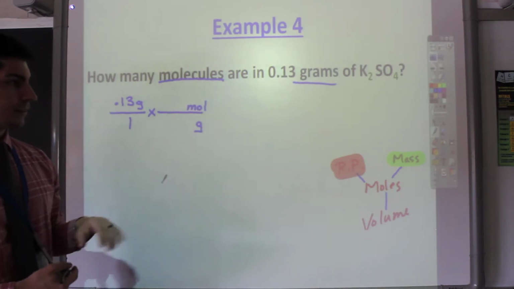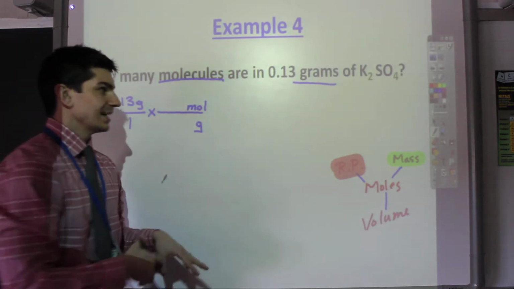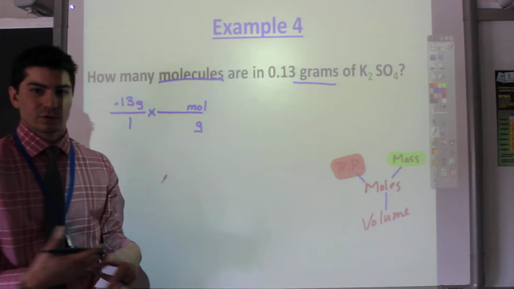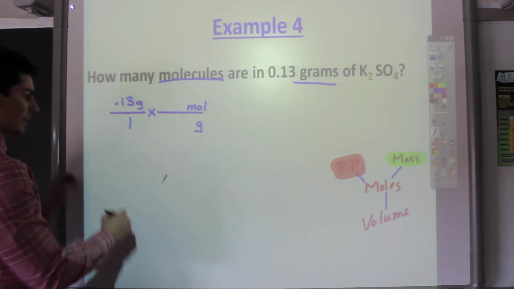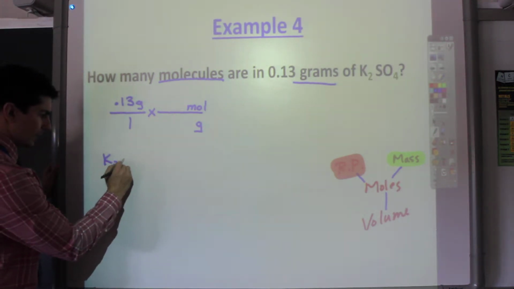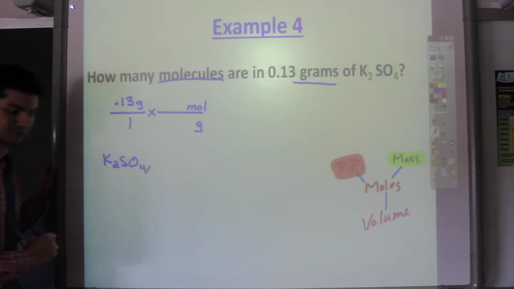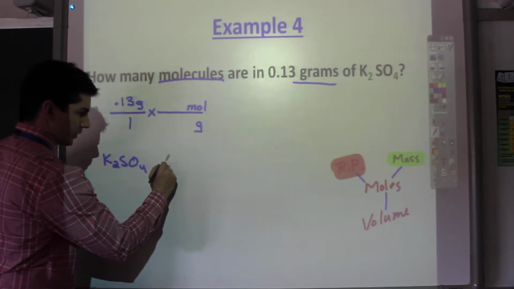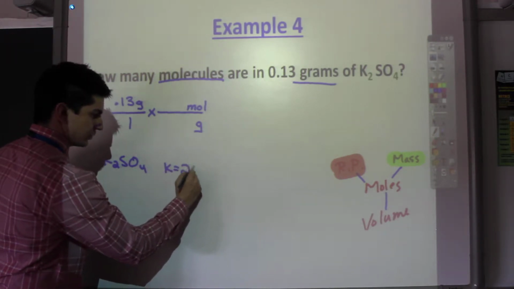Now the problem with this question is that it doesn't give us just one element where we can quickly find the molar mass. Instead it gives us K2SO4. For this we have to calculate the molar mass of potassium sulfate. For K, we have 2.